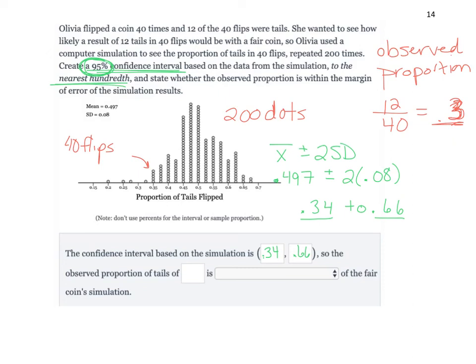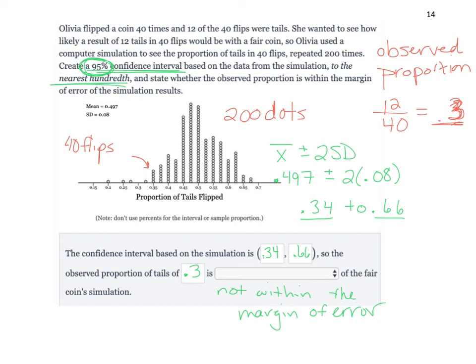So the observed proportion of tails, which was 0.3, is not within the margin of error. Okay. So what that means is basically this person, Olivia, when she got the 0.3, it means her coin might not be fair.